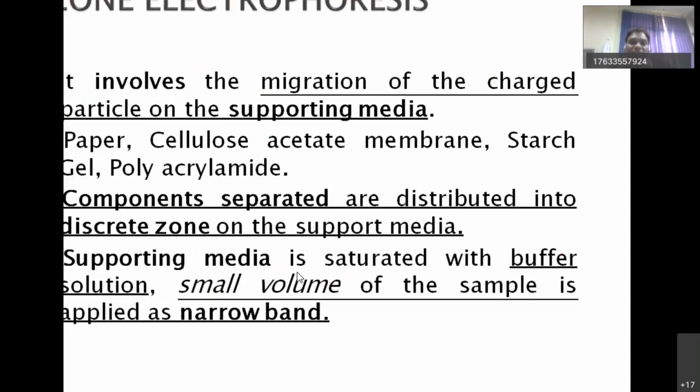Let's move to zone electrophoresis. It involves the migration of charged particles on the supporting media. The supporting media can be paper, cellulose acetate membrane, starch gel, polyacrylamide, anything.